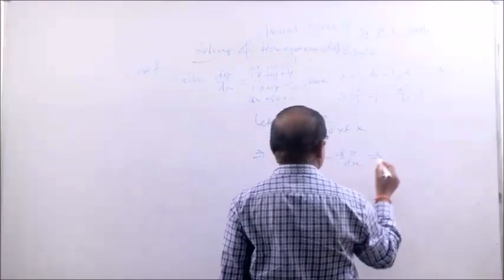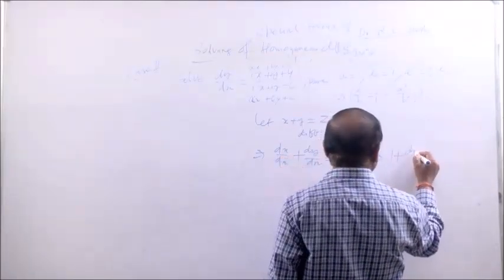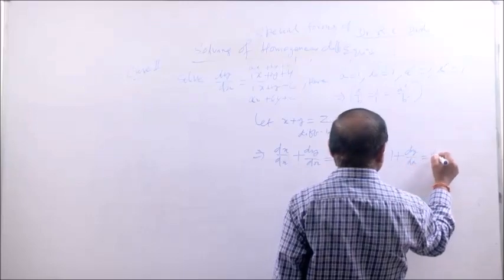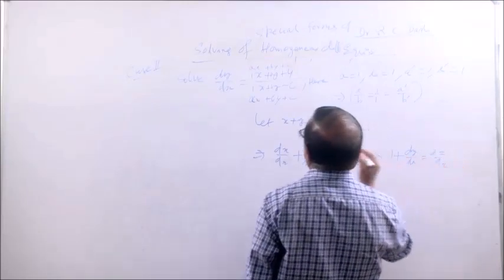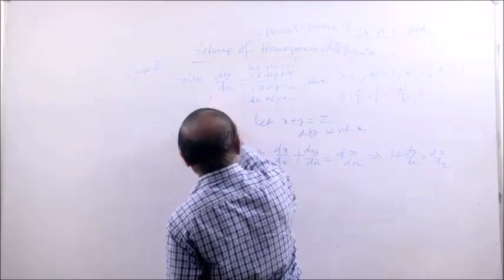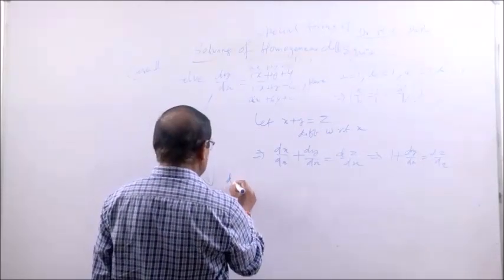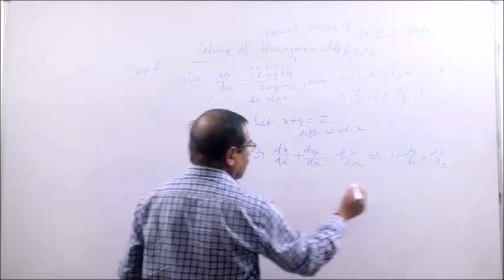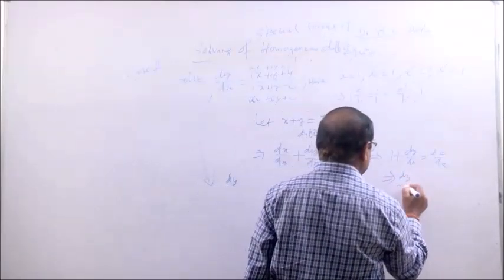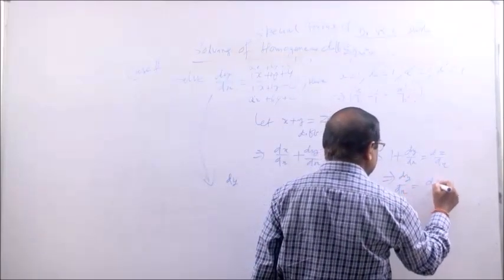That implies dx by dx is 1, so 1 plus dy by dx is equal to dz by dx. So our question reduces to: dy by dx is equal to dz by dx minus 1.